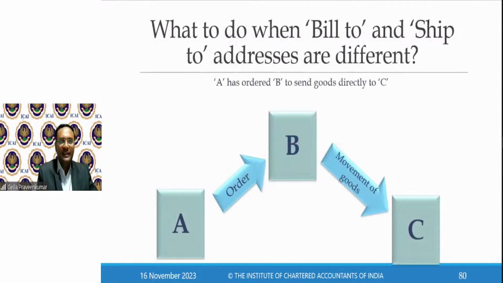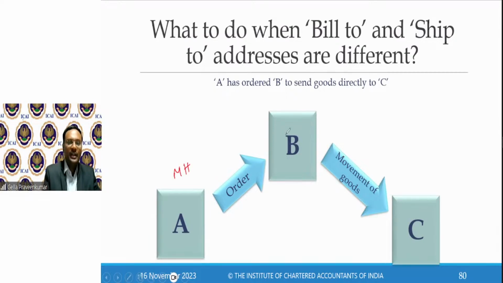This is the bill to ship to model, where the bill to and ship to addresses are different. I'll give an example which is available here. A is in Maharashtra.